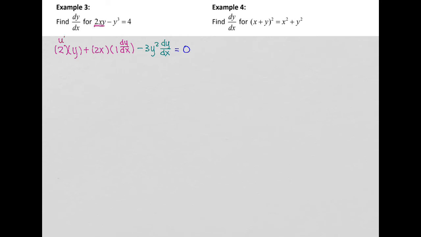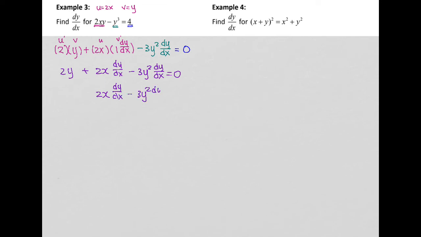So there's the product rule here, u prime v plus u v prime, and your u is 2x, your v is y. Next, we need to simplify it. Since we want to find dy over dx, we're going to isolate for dy over dx. So all the terms with dy over dx, we're going to leave them on the left.